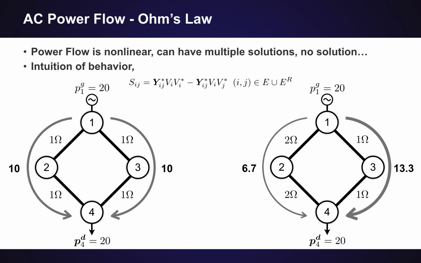I wanted also maybe here to make one more comment about the multiple solutions of the power flow equations, or actually the no solutions of the power flow equations. So when we are specifying this problem, we typically specify the power injection on the node. That is usually the variable that we are able to control or that is given to us.